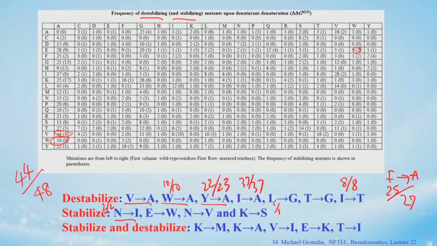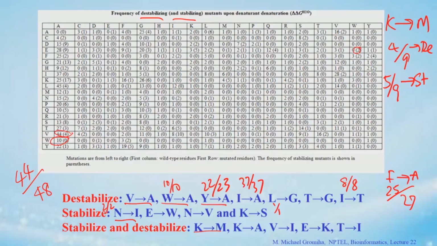And in some cases, mutations can both stabilize and destabilize. For example, take K to M. Out of 9, 4 are destabilizing and 5 by 9 are stabilizing.